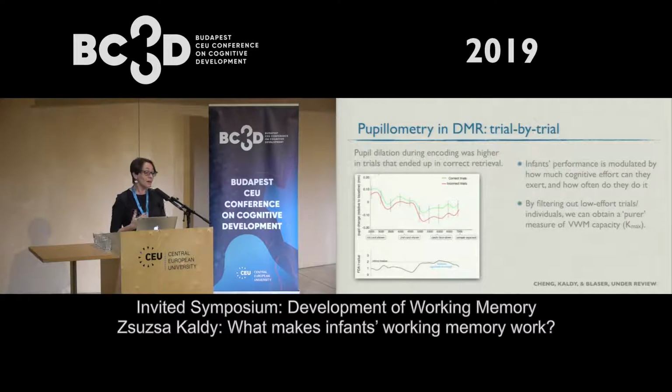What I'd like to argue, and I'd like you to start thinking about pupil dilation in this way, is that in essence you can use effort as a filter on our data, just the same way as we use gaze as a filter on our data, to capture those moments when babies are actually trying to do something, and not include the variance that comes from all those times when they're not, or they're doing it less.